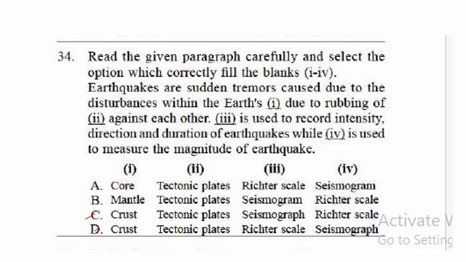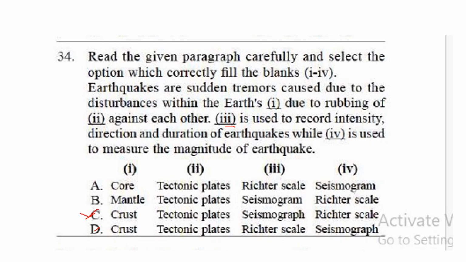Against each other, 3 is used to record intensity, direction and duration of earthquake. The instrument which scientists use to measure the intensity is seismograph. So the answer is option C.